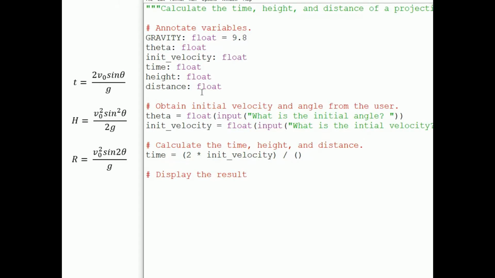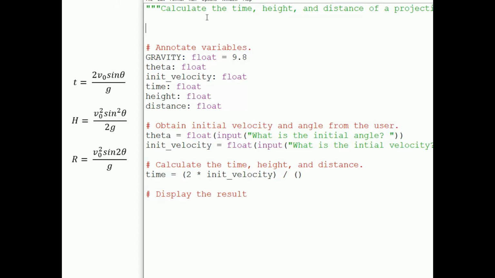To use these functions, we will import math at the top of our program, under the docstring at the top, and we will do it this way. We will write from math import sin, comma, radians, because we are only going to use those 2 functions from the math library.